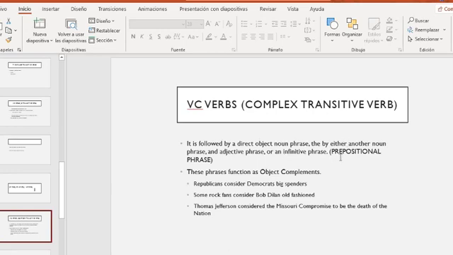This is from the book, and here in parentheses, I added prepositional phrase. Why? Because now we will forget about that VC considered, and now we will start looking at it as complex transitive. Now, complex transitive includes noun phrase, adjective phrase, infinitive phrase, and prepositional phrase.